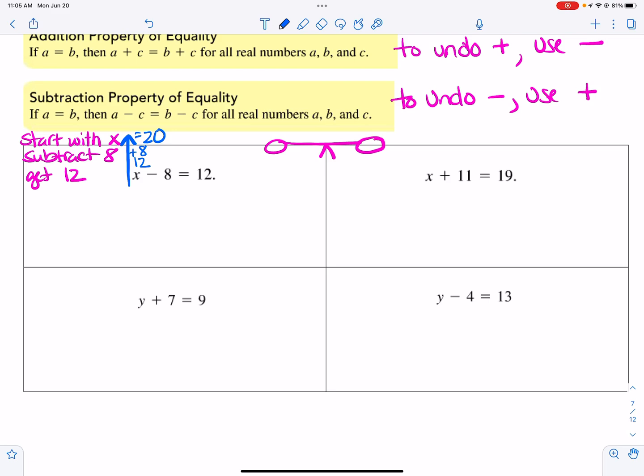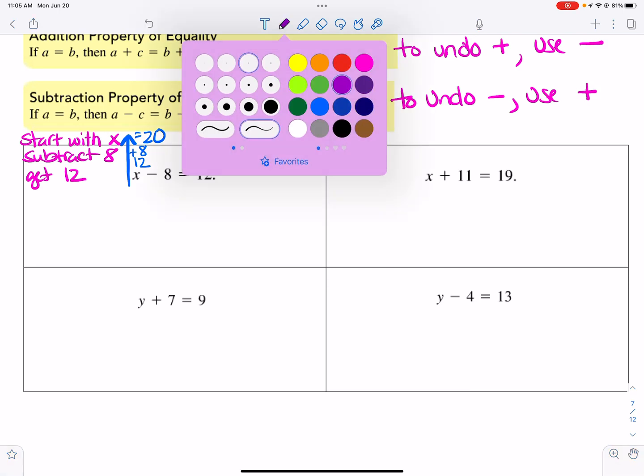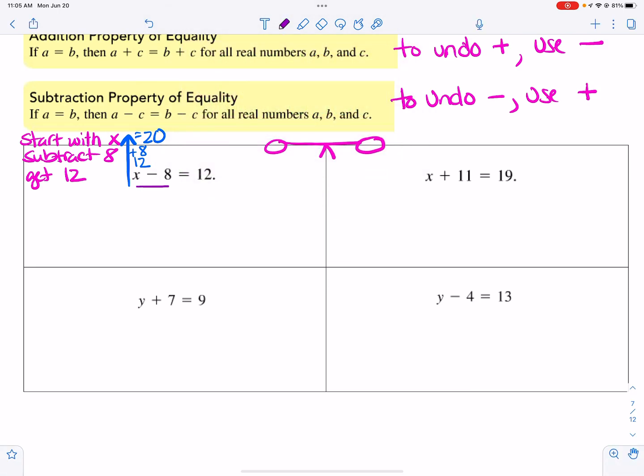Okay, but it's really a pain to have to write this out every single time we do problems. So I'm going to show you mathematically, or algebraically. We're going to draw what I call my T-chart or my scale, and I put the scale line right in the middle of the equal sign. If I cover up my x, it says that I am subtracting 8.